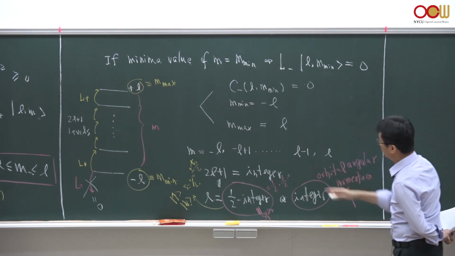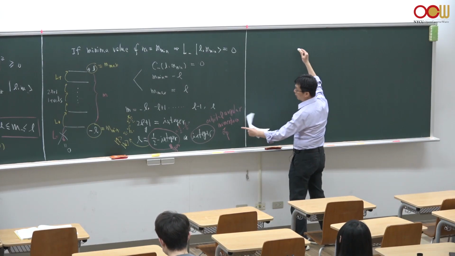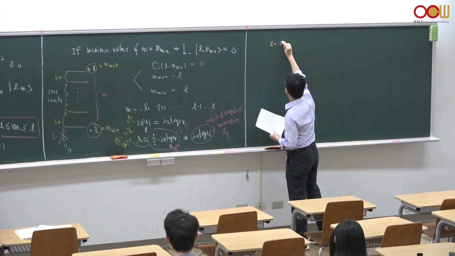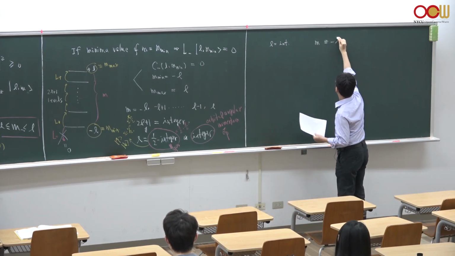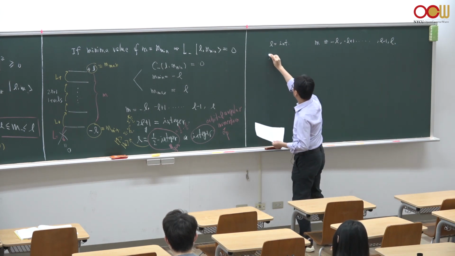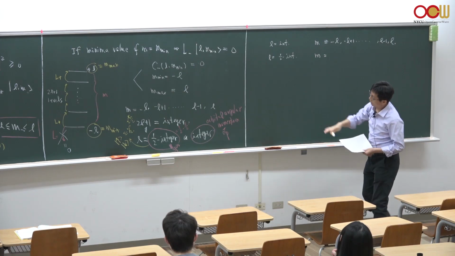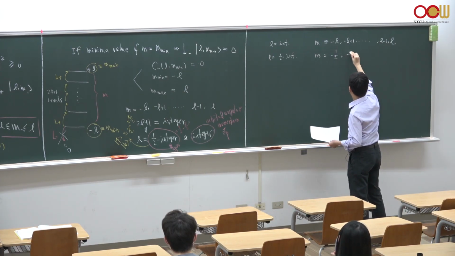So now you know the possible values for n, because it depends on whether L equals half integer or integer. For L equals integer, n could be minus L, which is integer, all the way to L. But if L is half integer, for example suppose L is 1/2, n could be minus 1/2 or plus 1/2.